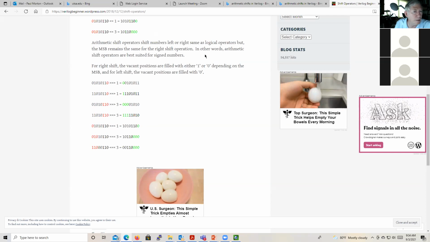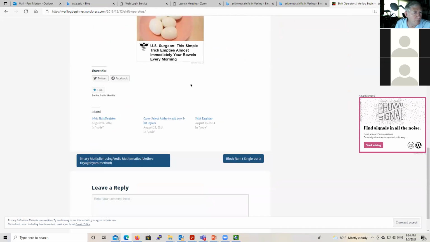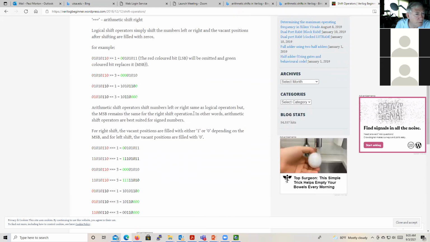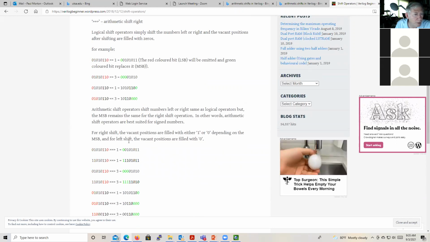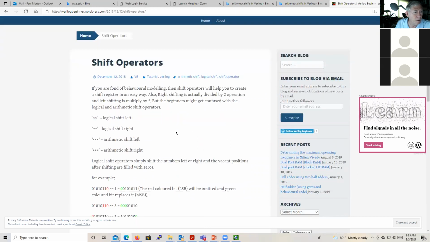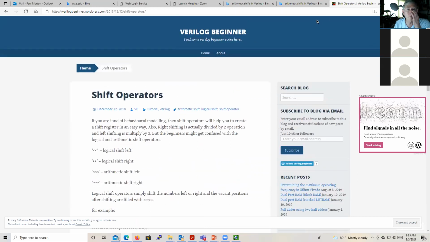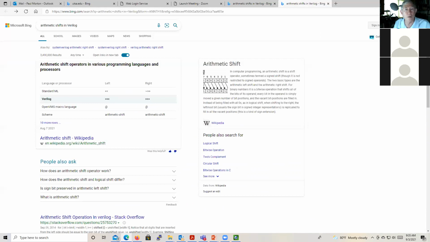So let's see what they say. For the right shift, yeah. But now what they didn't say. And for left shift, the vacant positions are filled with 0. Okay. So they're claiming that there's no difference. All right, that's fine.